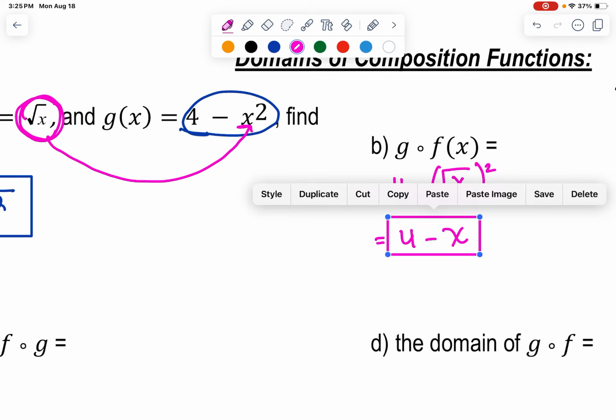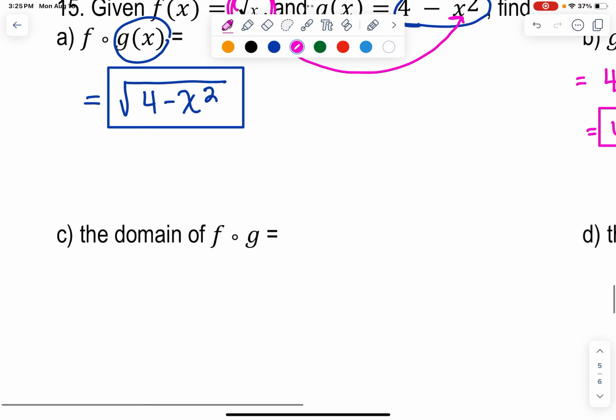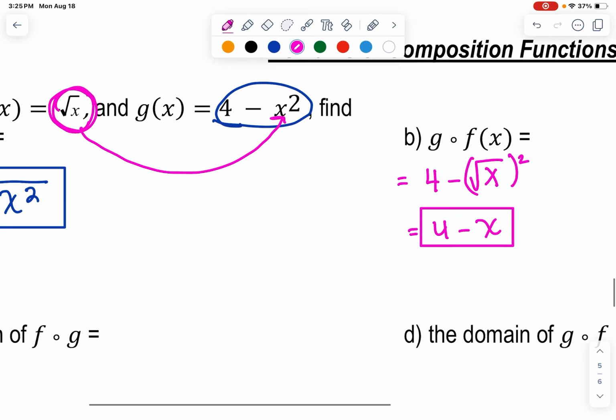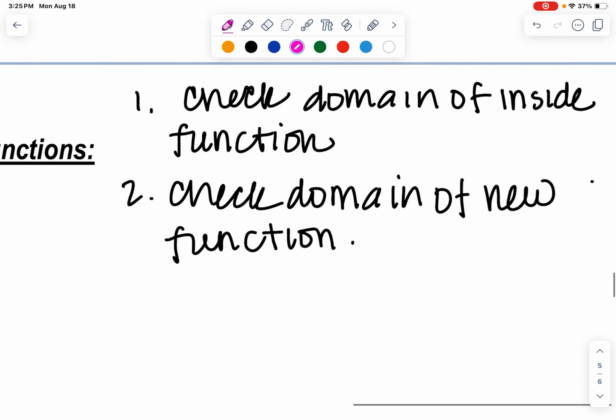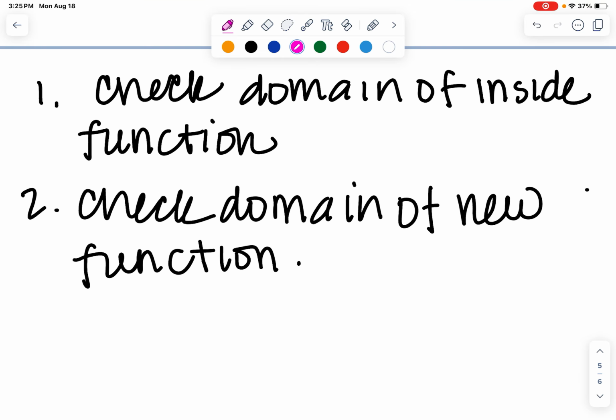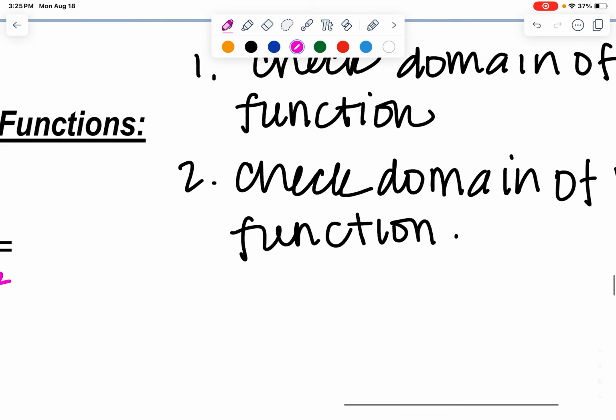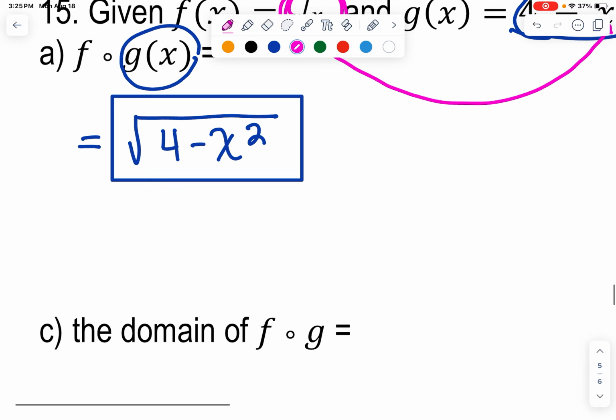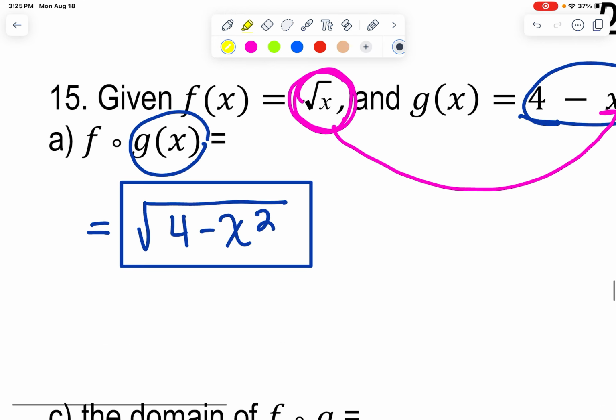Okay, so now we can find the domain. Since it's a composition, you can't just look at the final answer, okay? So what you're going to have to do when it's a composition is check the domain of the inside function. Then you're going to check the domain of the new function. Then you're going to use that to write the domain, okay? So if you look at this one, we have to check the domain of the inside function, which is g of x.